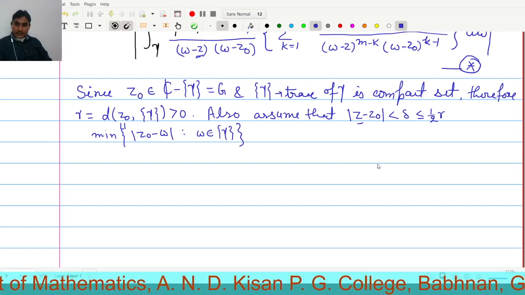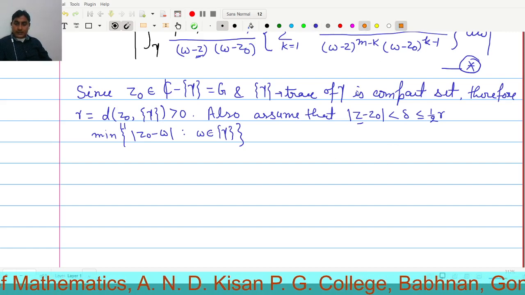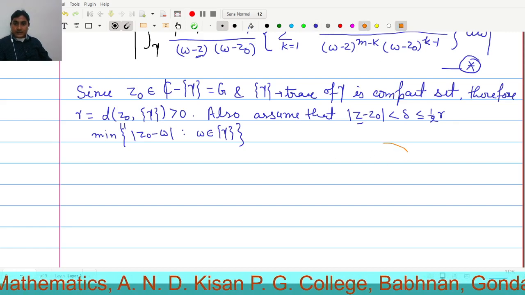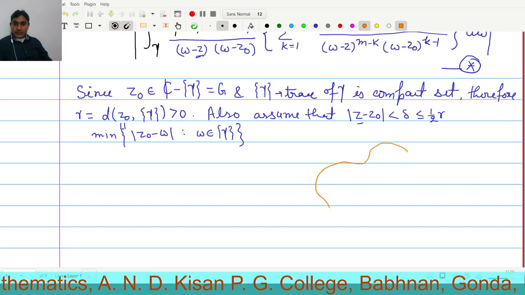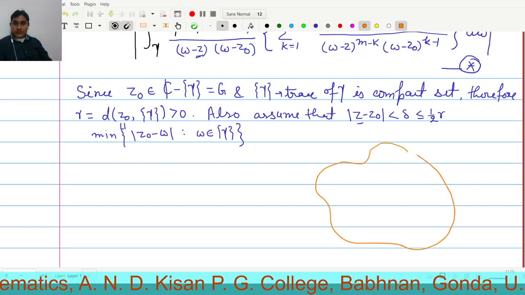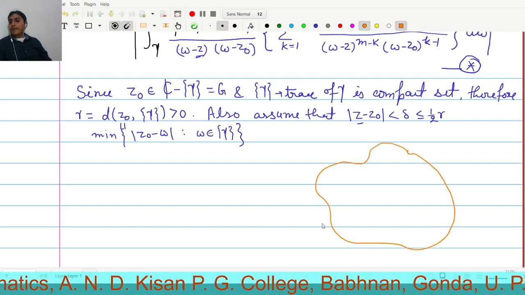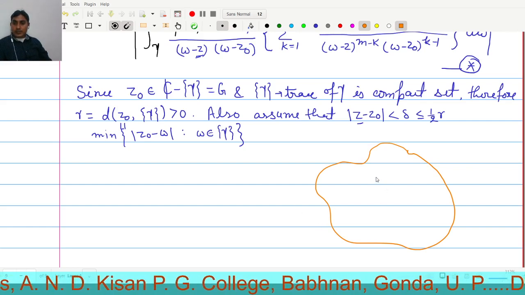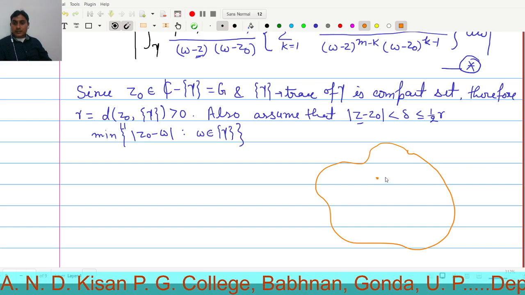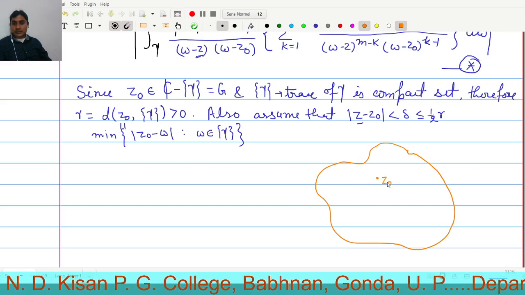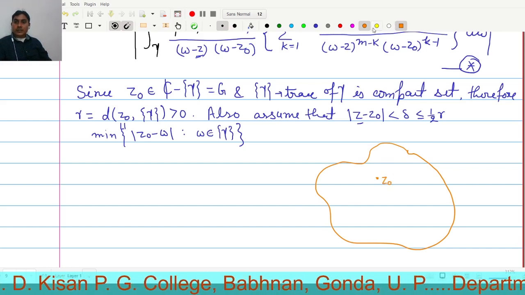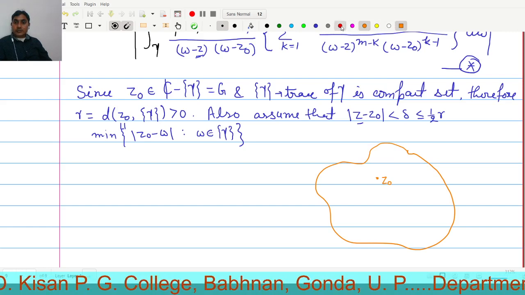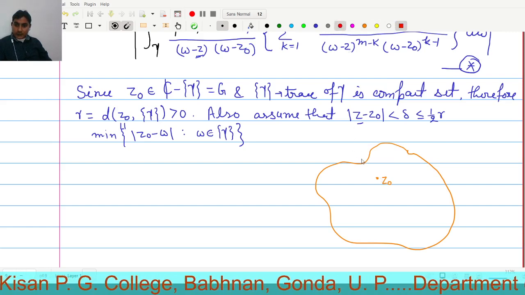Now if we consider this particular picture, then clarity emerges. Suppose this is your gamma, and suppose this particular point is Z naught.